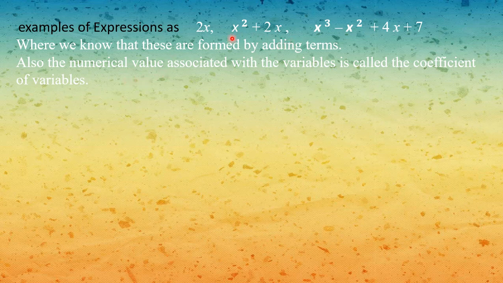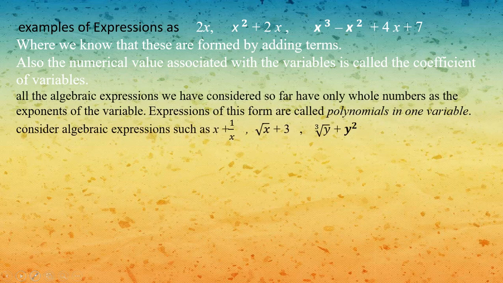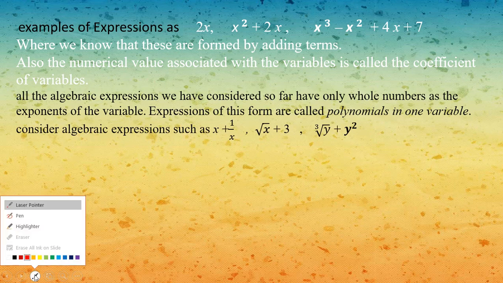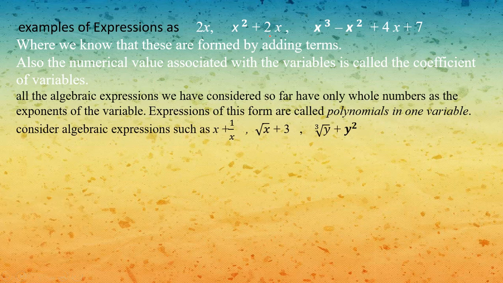So here the numerical value associated with this 2x, let us consider the numerical value associated with x is 2, here it is also 2, and the numerical value associated with x cube is 1, with x square it is minus 1, and with x it is 4.